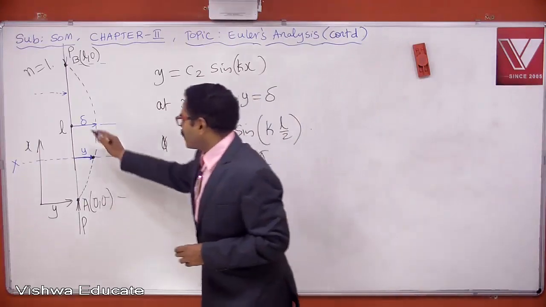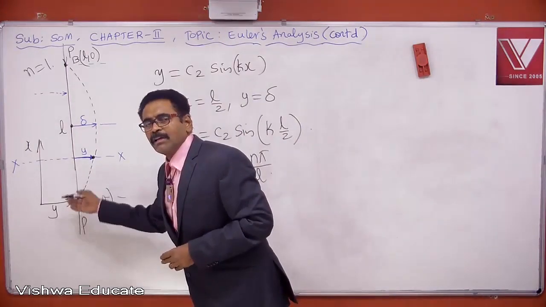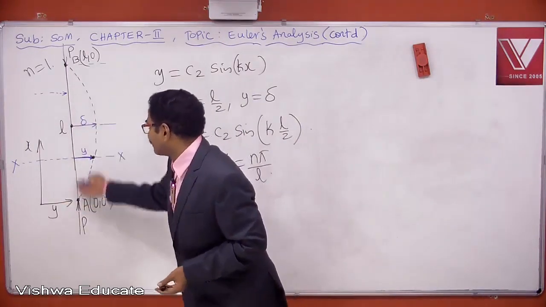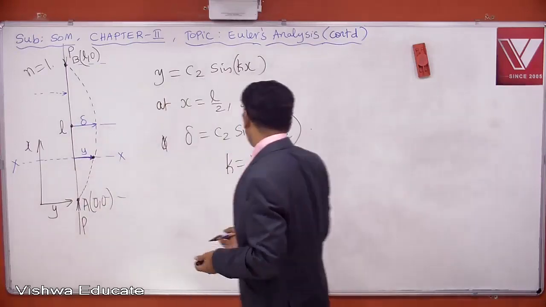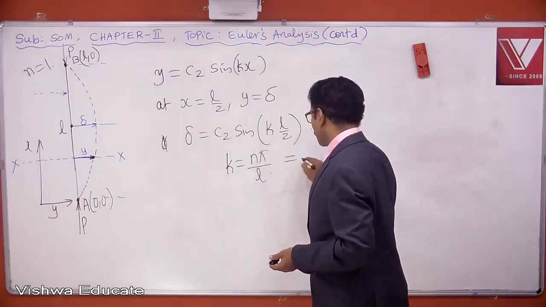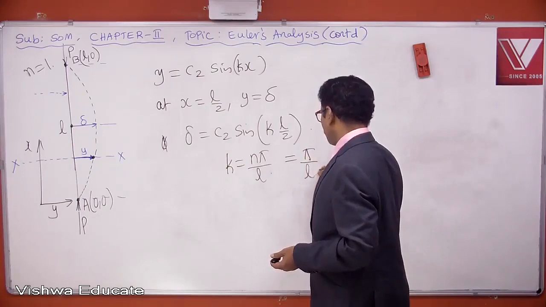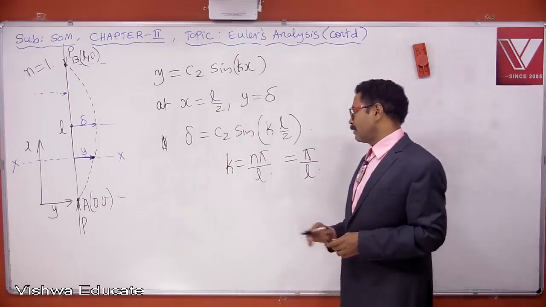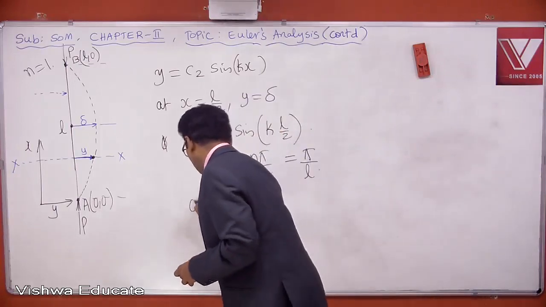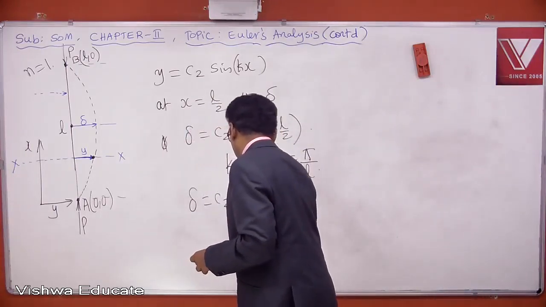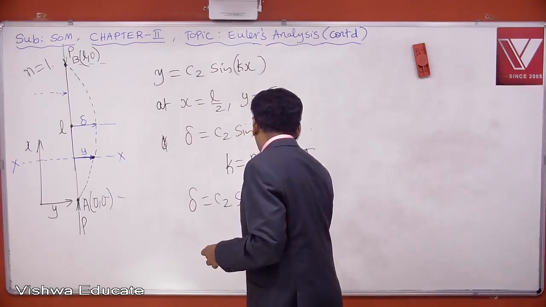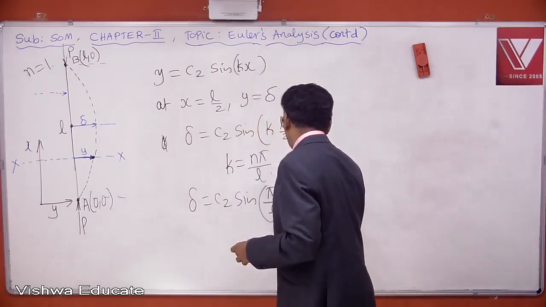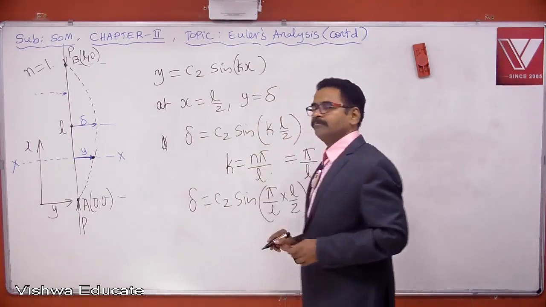If the column buckles like this, what is n? Is it first mode or second mode or third mode? It is first mode. For first mode, n is equal to 1, k becomes pi by L. Then delta is equal to C2 into sin of pi by L into L by 2.